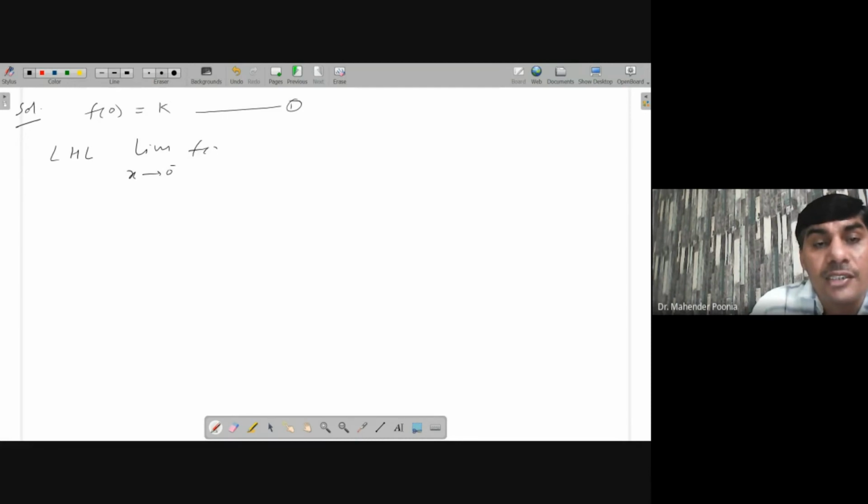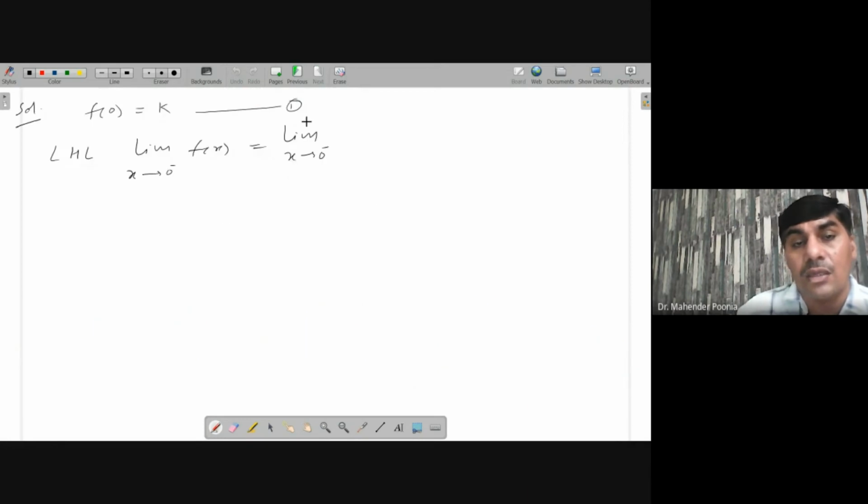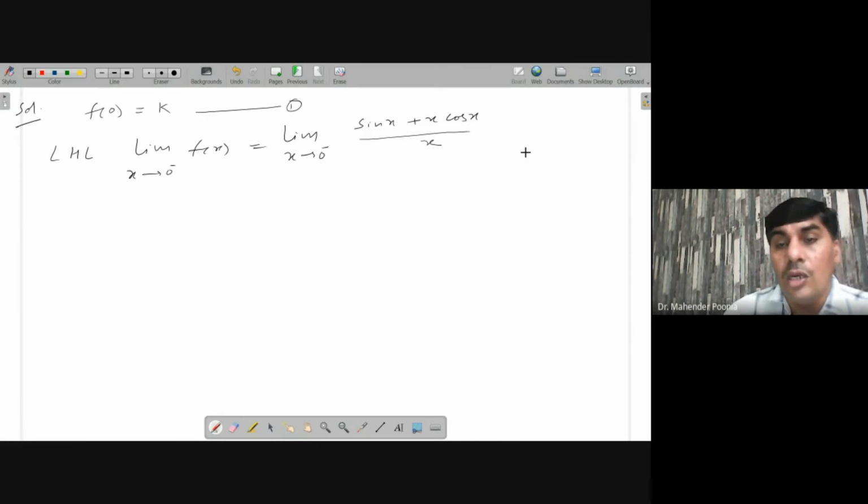f of x is equal to limit x tends to 0 negative. When x does not equal 0, the value of the function is sin x plus x cos x divided by x. Put x is equal to 0 minus h.